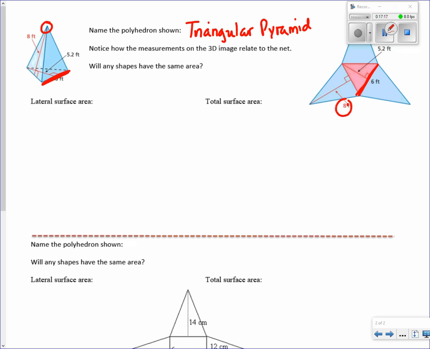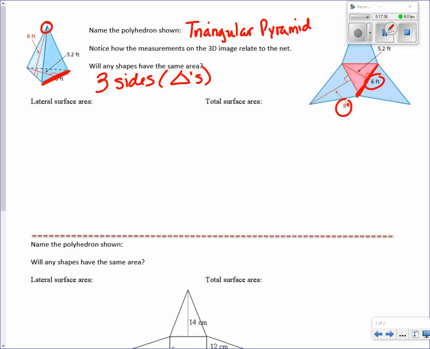The base of all of them are going to be 6 feet, and that 5.2 is specifically pointing to the height of my base. So the shapes that are going to be the same are going to be the 3 sides. And I'm going to make a note that these 3 sides are going to be triangles because that affects how I'm going to find the area.